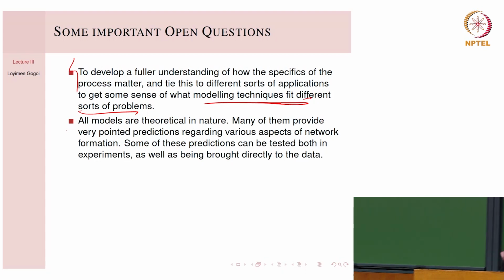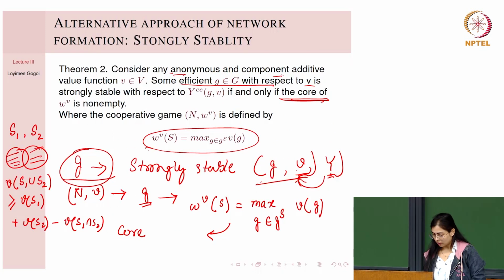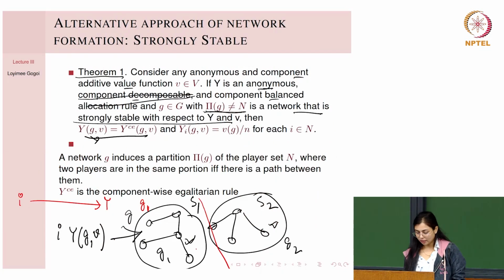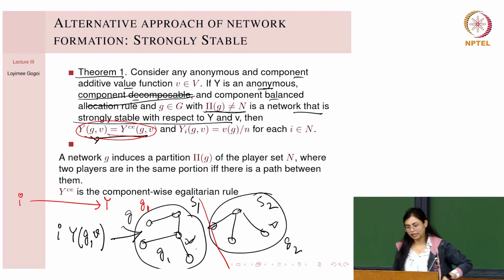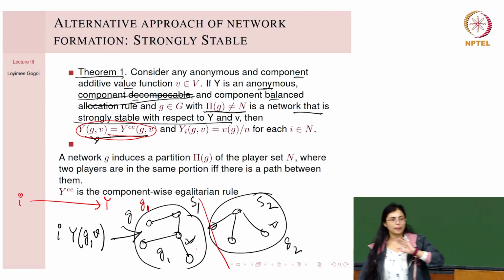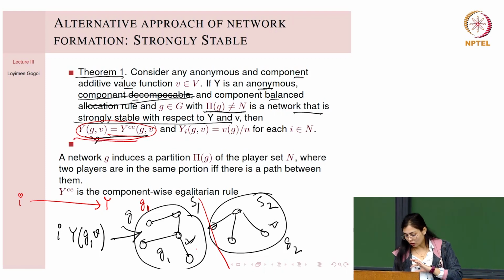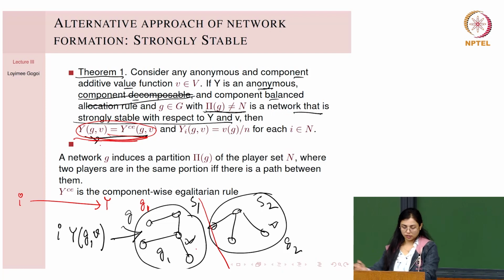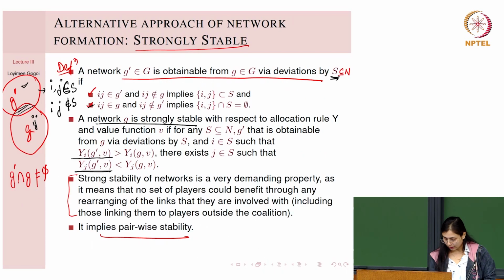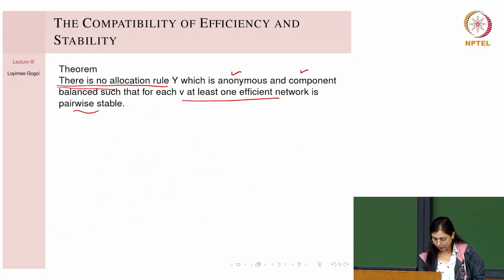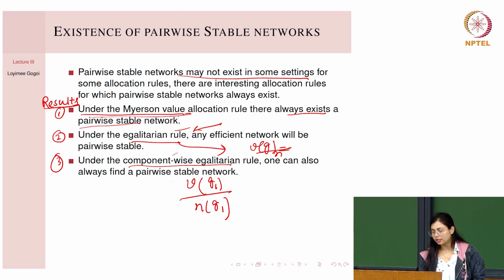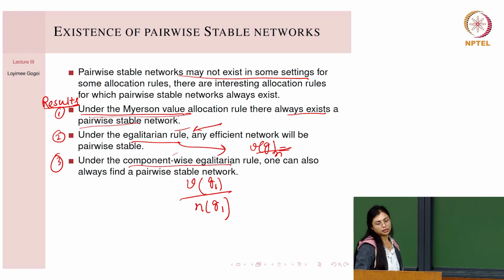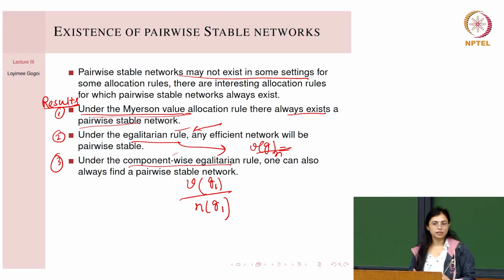Again, we have mostly talked about the allocation rule for strongly stable: if the network is efficient, it is also strongly stable, and the only allocation rule we considered is the component-wise Egalitarian allocation rule, right. Similarly for pairwise stability we have the Myerson value. Under the Myerson value we can say that an efficient network is pairwise stable under the component-wise Egalitarian rule.